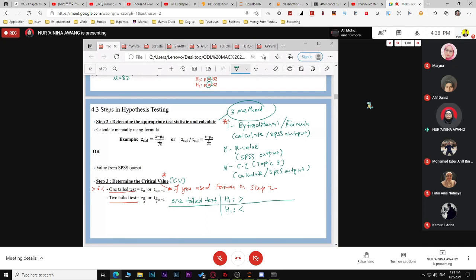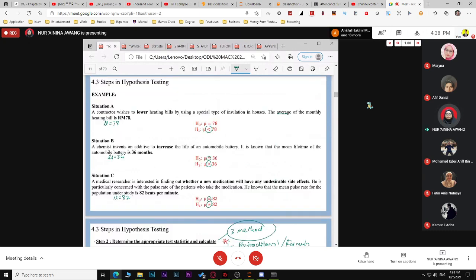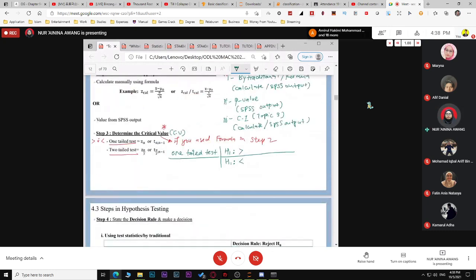Okay, so if the case your H1, yang you dah write in first step ni, is more than, so our critical value will be, okay. Since the case is on the positive side, so your critical value will be positive value.